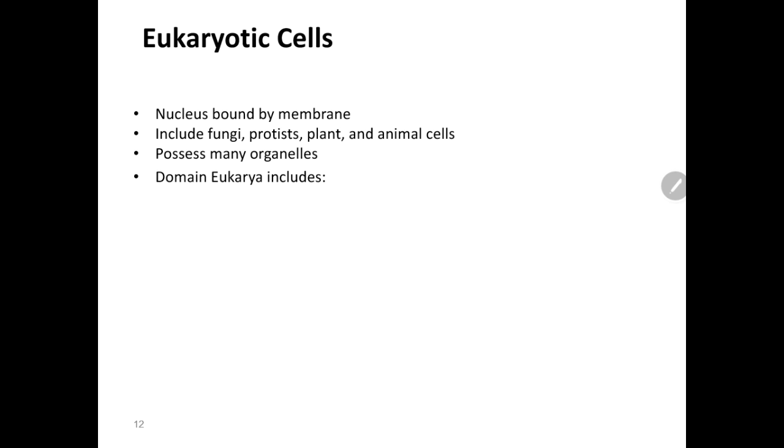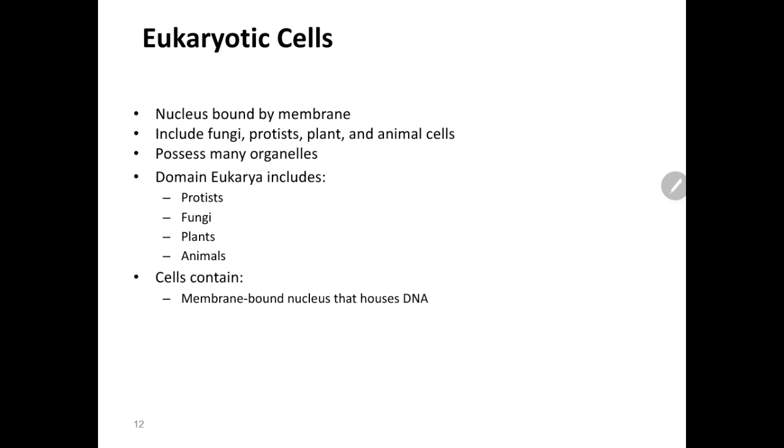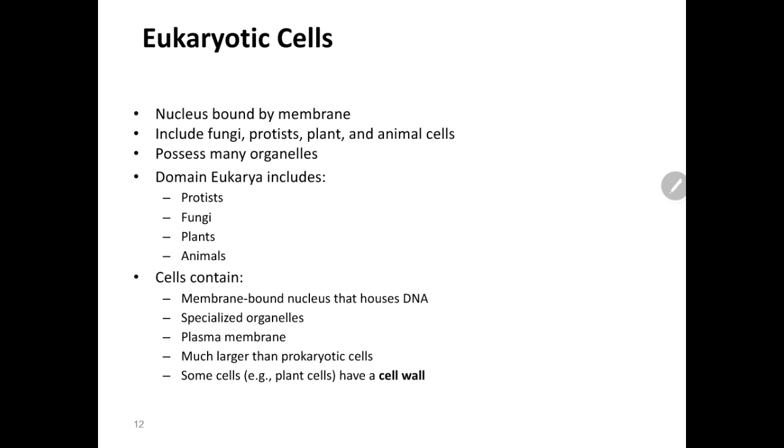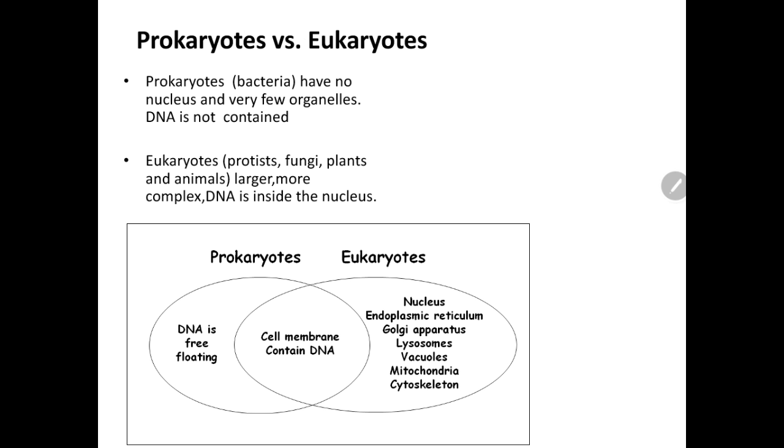Domain Eukarya includes protists, fungi, plants, animals. Cells contain a membrane-bound nucleus that houses DNA. Specialized organelles. Plasma membrane, much larger than in a prokaryotic cell. Some cells, for example plant cells, have a cell wall.